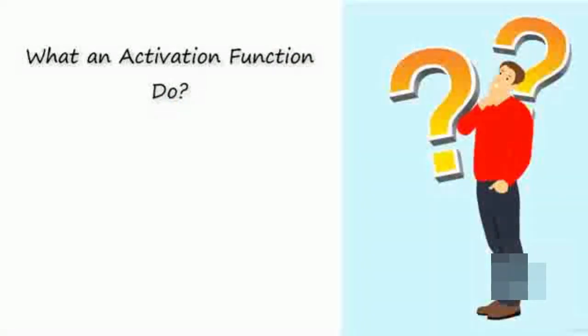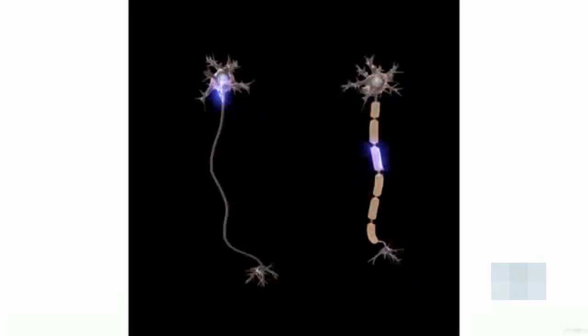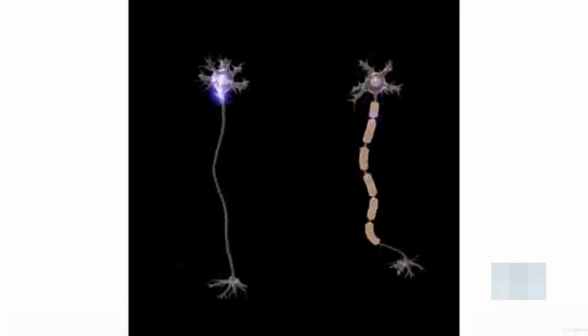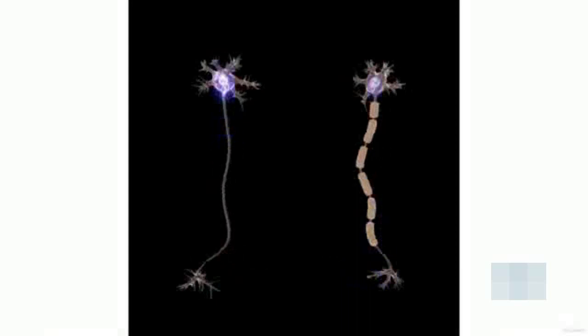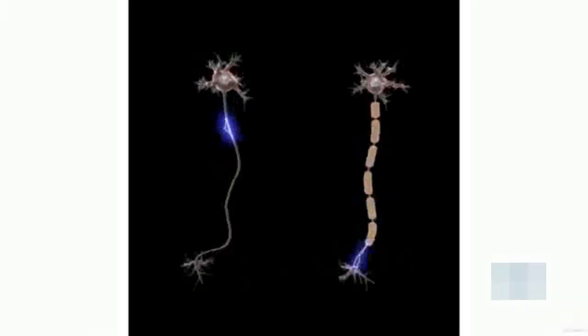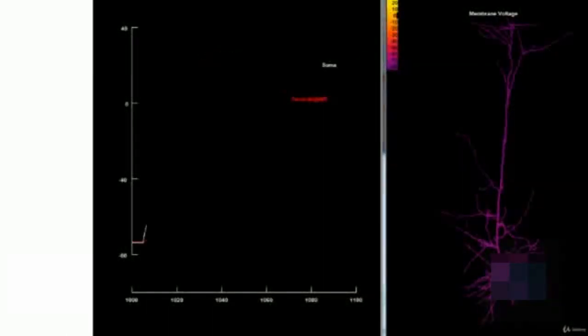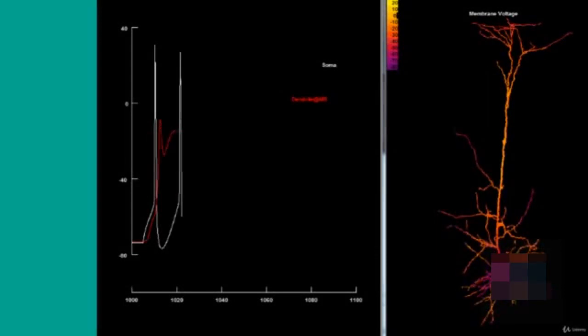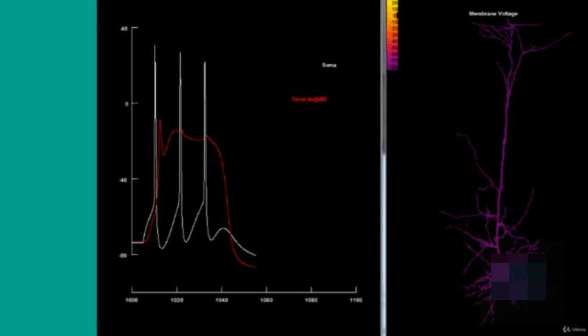Now let's find out what an activation function does and how this concept came into existence. Well, an activation function is biologically inspired by activity in our brains, where different neurons fire by different stimuli. For example, if you see any color, suppose green, some neurons which recognize the green color will be activated in our brain.